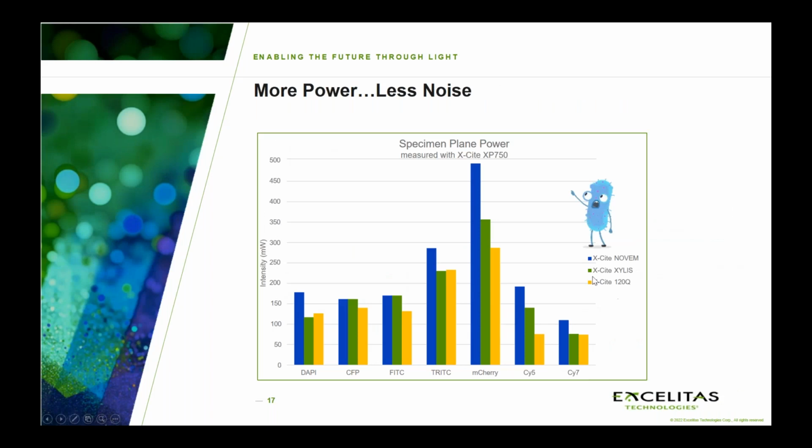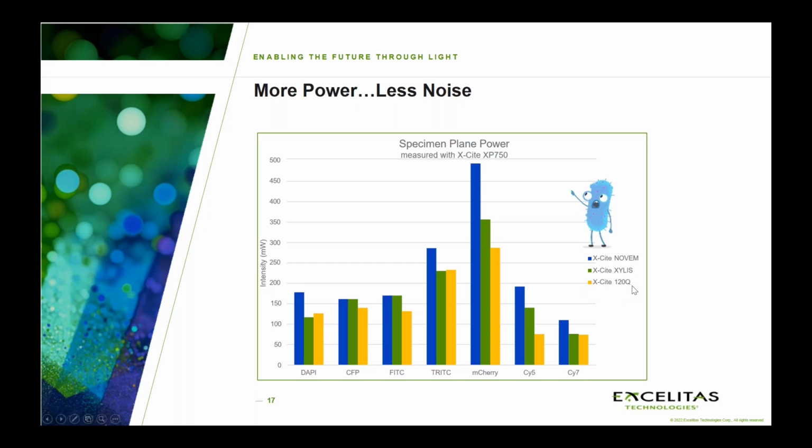So the gold standard in fluorescence imaging has been either xenon or metal halide or mercury. So here in the yellow, you see our own X-Cite mercury lamps, metal halide lamps, which we still offer, but most people want to move to LED.